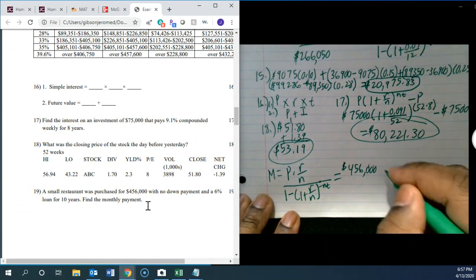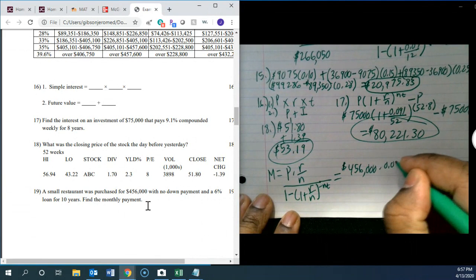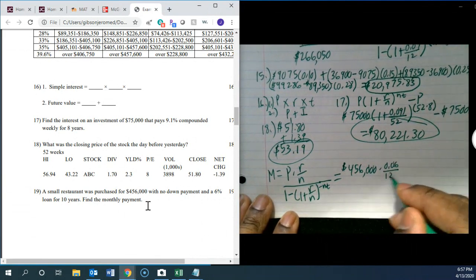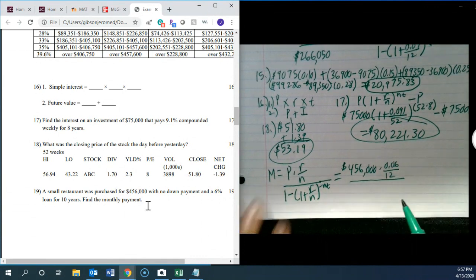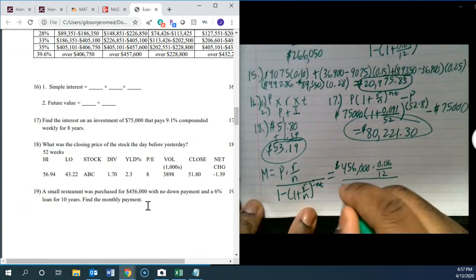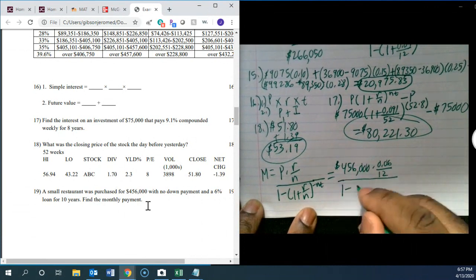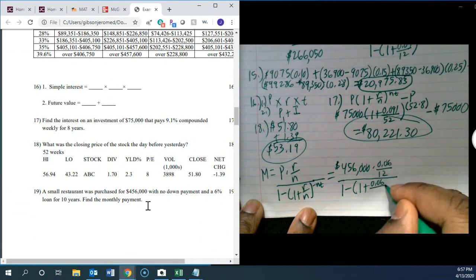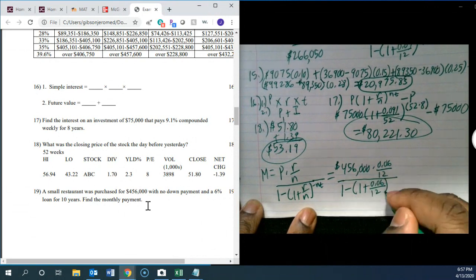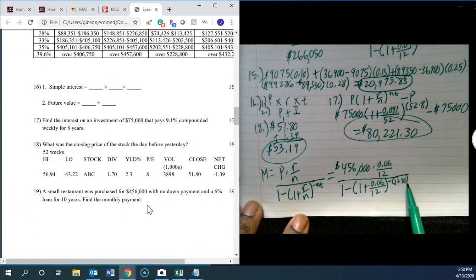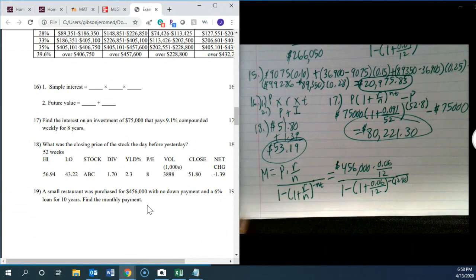Now the rate is 6%, which is 0.06. The number of times that the loan is compounded is 12 because it's 12 months in a year and it's a monthly payment. So it's divided by 1 minus 1 plus, the rate is 0.06 all over 12, and then it's to the negative 12 times 10, because it's the number of times compounded times the amount of years, which is 10.